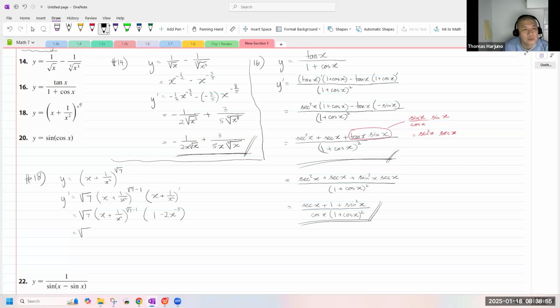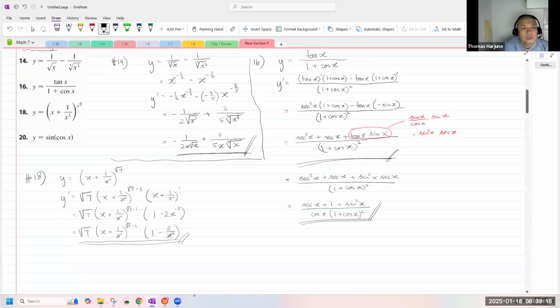So this is square root of 7 times x plus 1 over x squared to the square root of 7 minus 1, times 1 minus 2 over x cubed. Okay, that's for number 18. Am I okay? Okay, yeah, let me go.